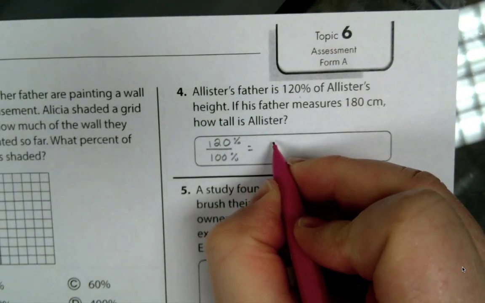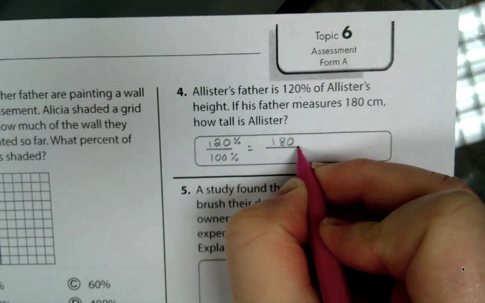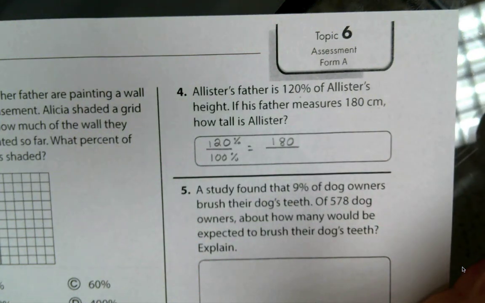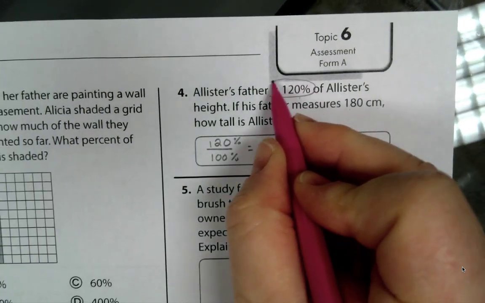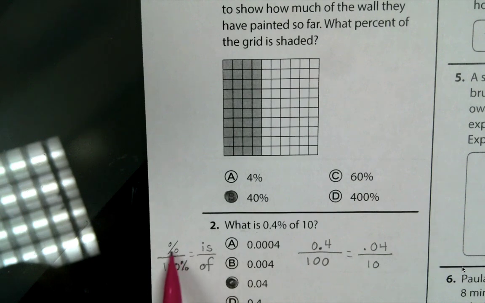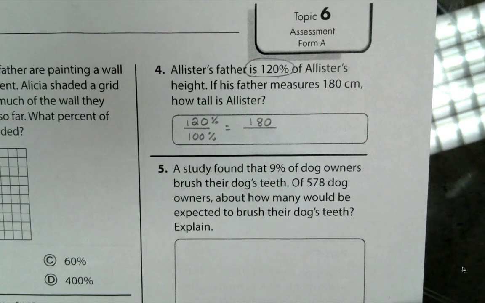So 120% is actually 180. And remember, if you're not sure what my is and of is, right here it says is 120%, so your is always going to match up with this percent over 100. Now I just have to cross multiply and divide. So I have 100 times 180 gives me 18,000.